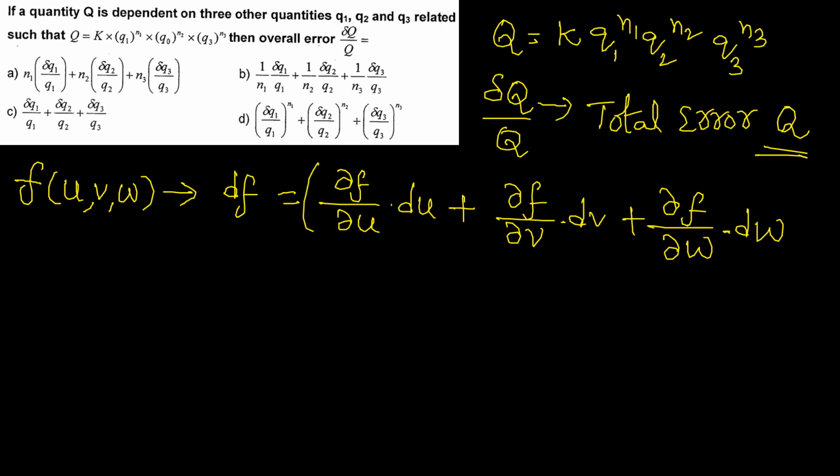These terms dou f by dou u, dou f by dou v, dou f by dou w are partial differentiation of function f with respect to each independent variable, that is u, v and w, and these terms du, dv, dw are differentials of variables u, v and w.